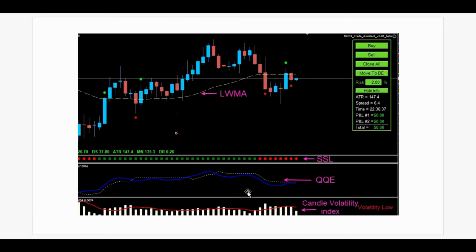And my C2 is QQE. And this is my volume. It's actually a volatility meter, but I use it as volume, and it's called the Candle Validity Index. So that's what it looks like on the chart.